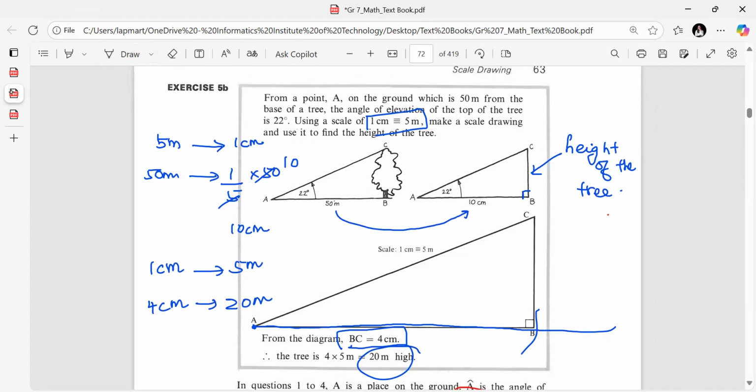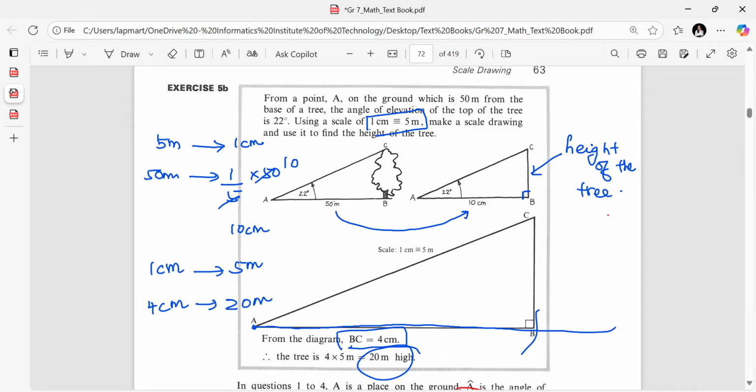When you have a question like this, children, first you read the question and you draw the real scenario, right? Then based on that, you draw the rough sketch. It should be according to the scale they have given. If they have not given the scale, you can decide a scale on your own. But most of the time at this stage, they will give you the scale so you don't have to decide it.